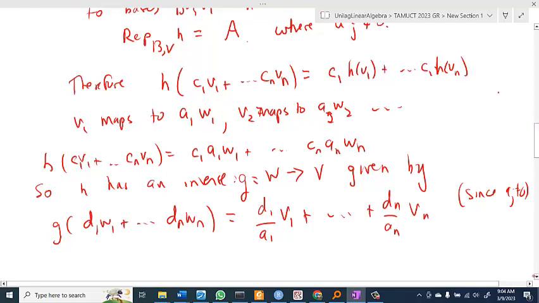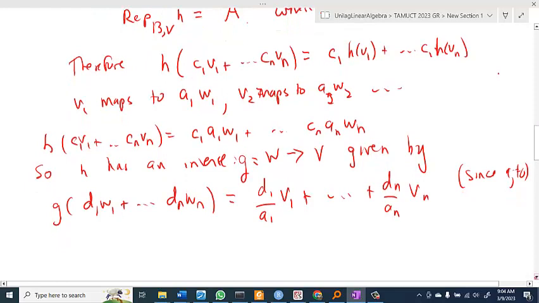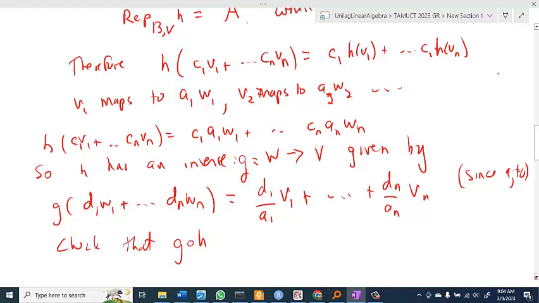All right. So you can check that G and H are inverses of each other. It should be pretty clear. The way to check that G and H are inverses of each other, you can say G compose H of Vj for any j is equal to Vj, and H compose G of Wj equals Wj for any j.